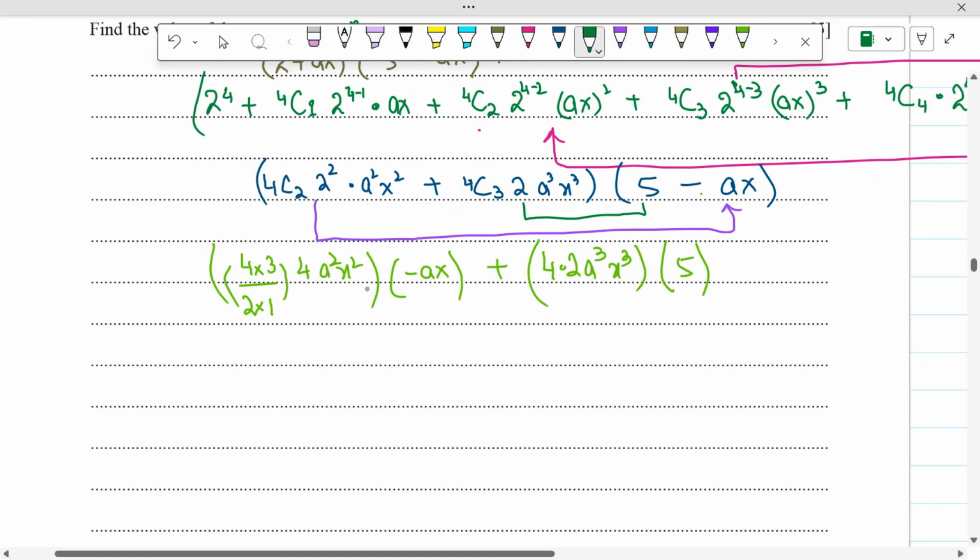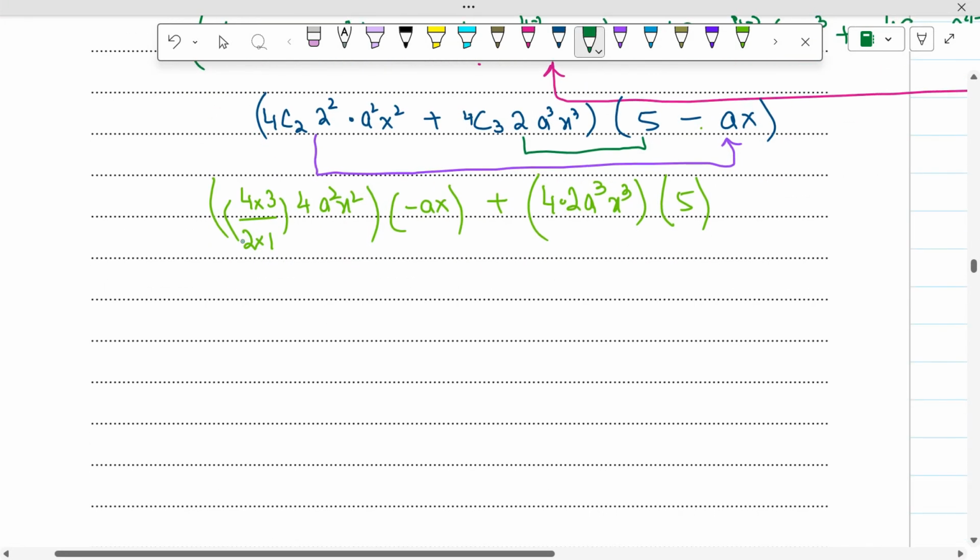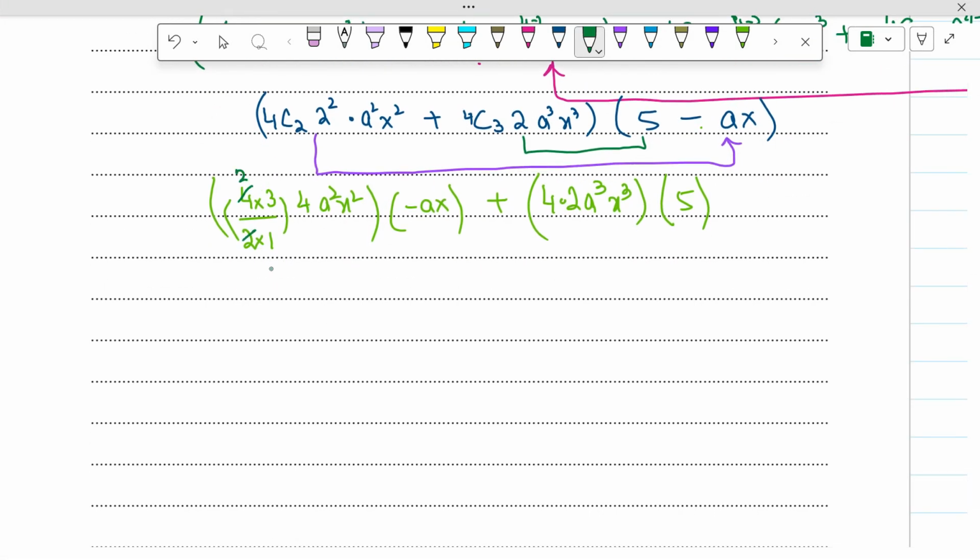So only these two terms will give us the x cube term. So this one will be 2 3s are 6, 6 4s are 24. So 24 a square x square times negative ax plus 8 a cube x cube times 5.